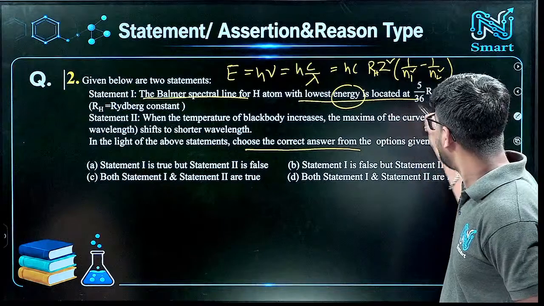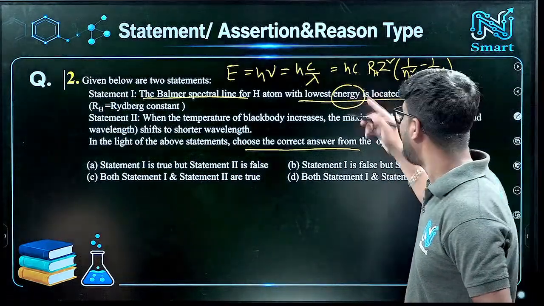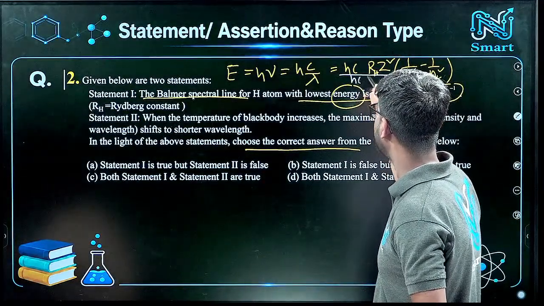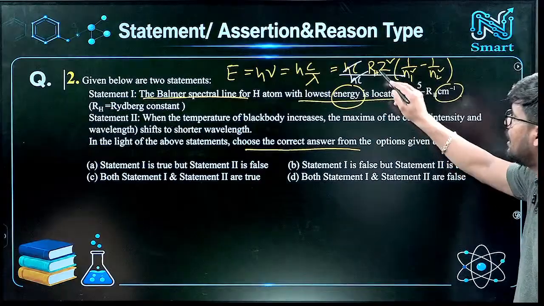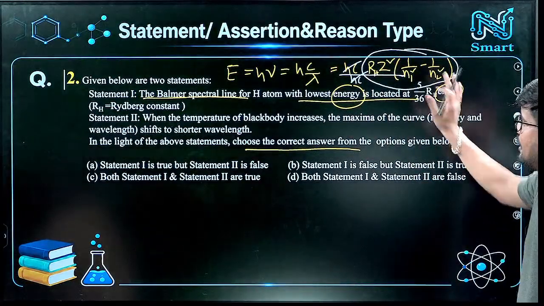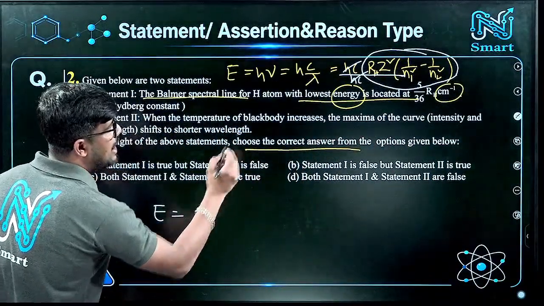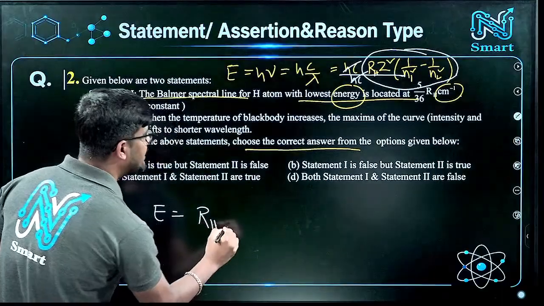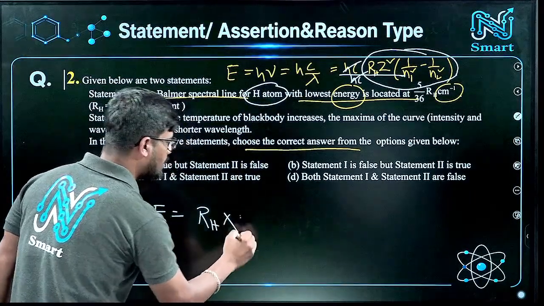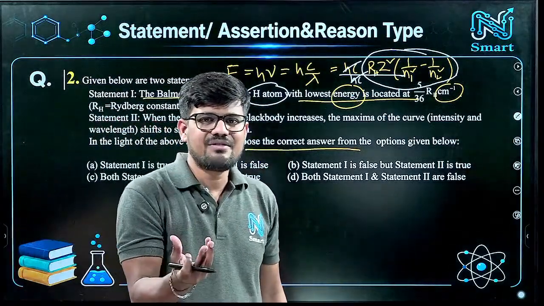Now just check. In the final unit we have centimeter inverse. So that's why we have to divide this entire thing with hc, right? So divide this entire thing with hc. So hc will cancel out and we will get this part. Now just put the value. RH, and this is for hydrogen. Hydrogen atom means 1 into, for Balmer series, what is the transition?